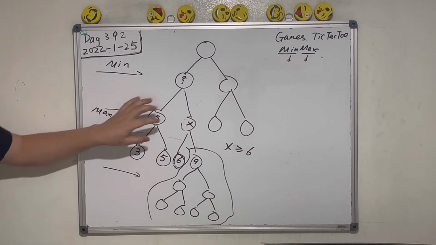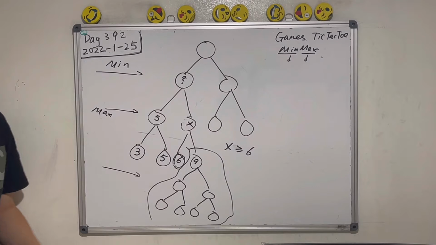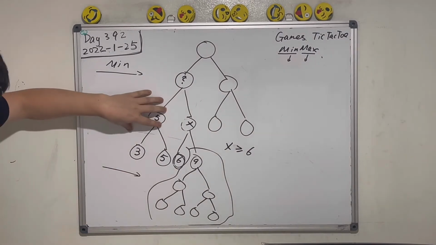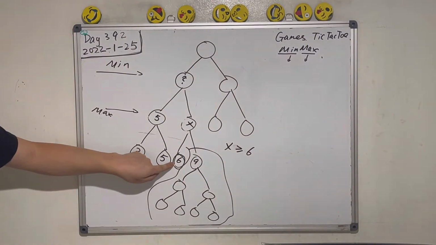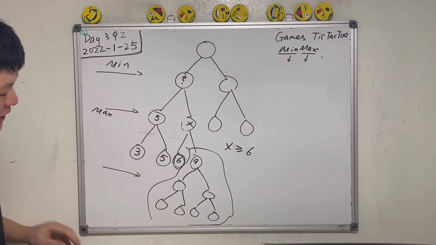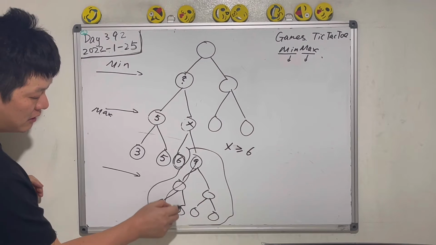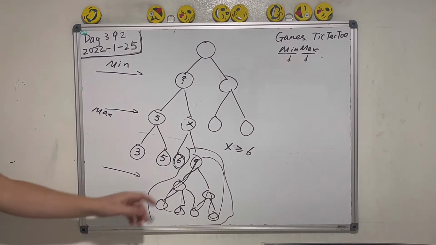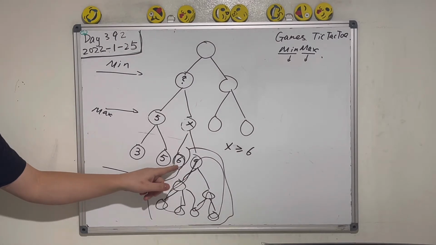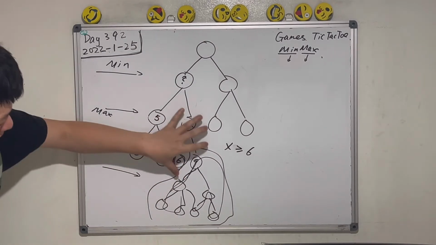So what does it mean? It means that's 5. I have 5 now. I have x is bigger than 6, right? So do I have to visit this tree here? No. Why is that? Because you know it's always bigger than 6.